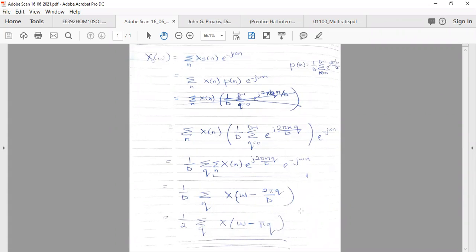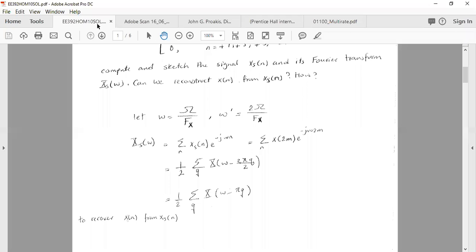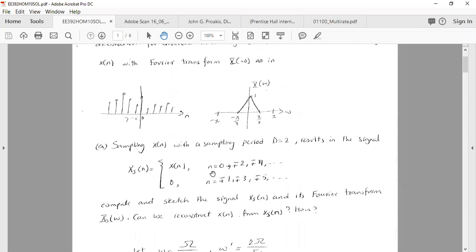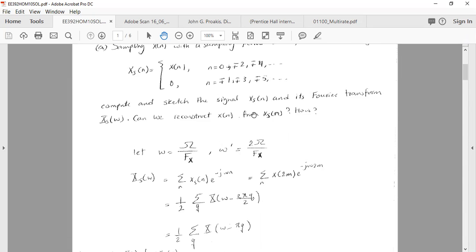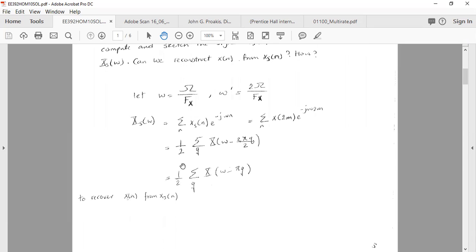However, we have the solution over here. So this is basically in terms of our original x omega. So based on x omega, we can translate this. Our x omega signal is given over here. We can see the amplitude is reduced by half, right? And what happens to the period?